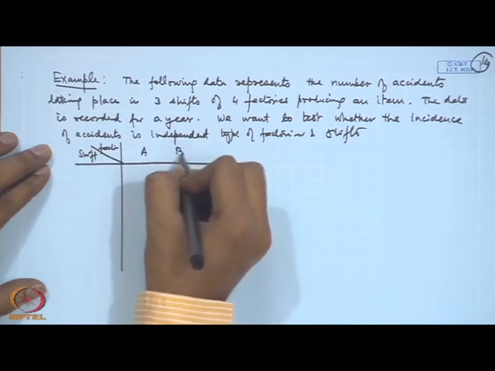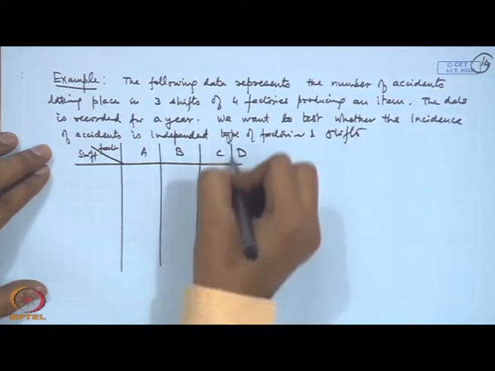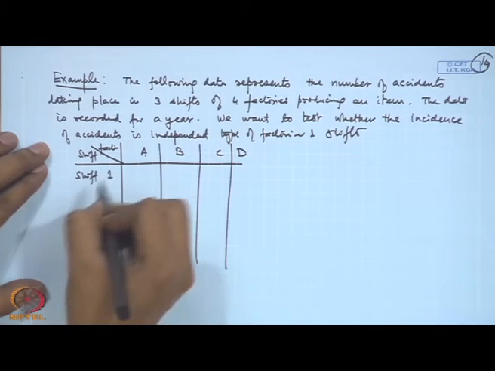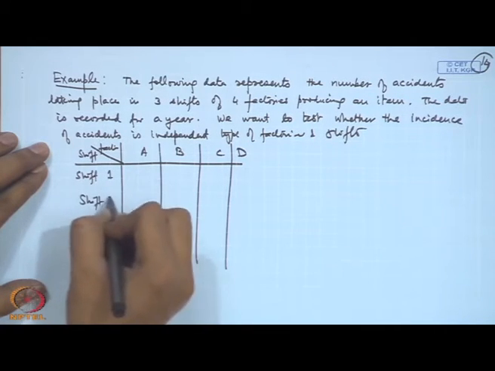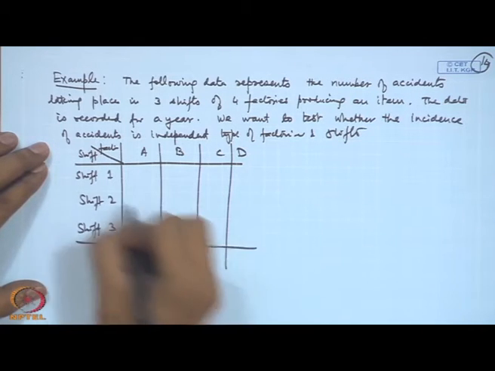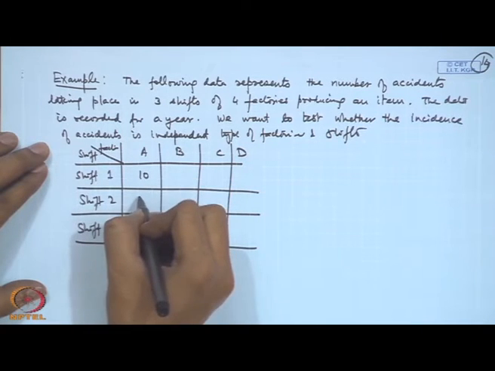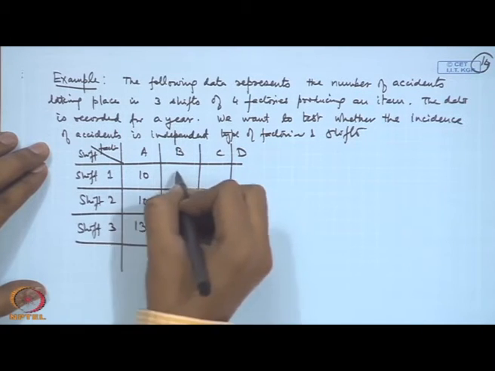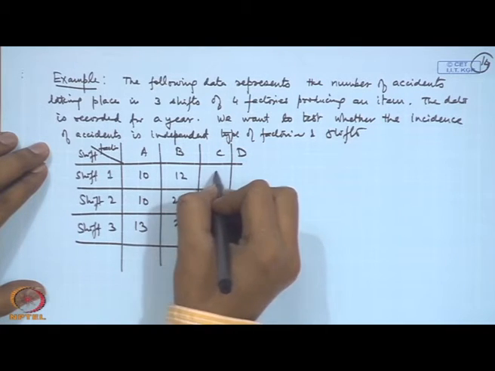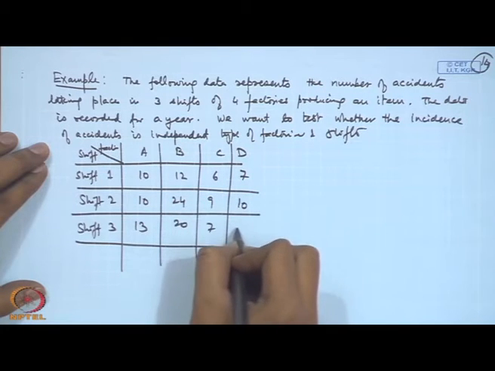Suppose we have 4 factories A, B, C, D, and the data is recorded over shift 1, shift 2 and shift 3. That is 10, 10, 13, 12, 24, 20, 6, 9, 7, 7, 10, 10.